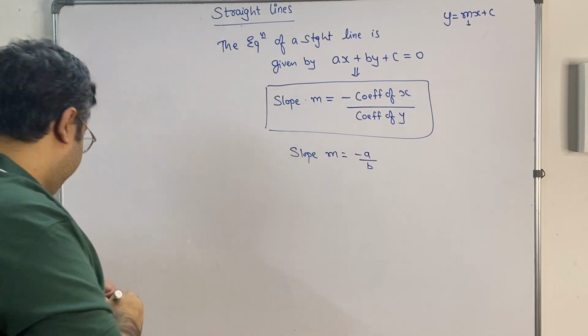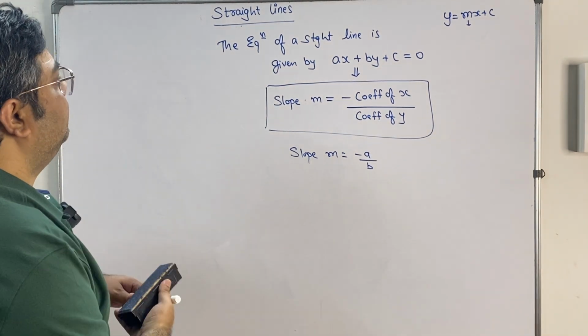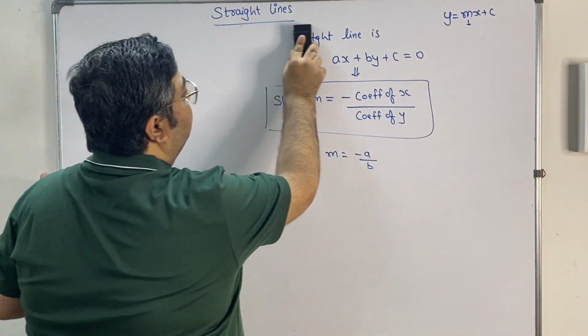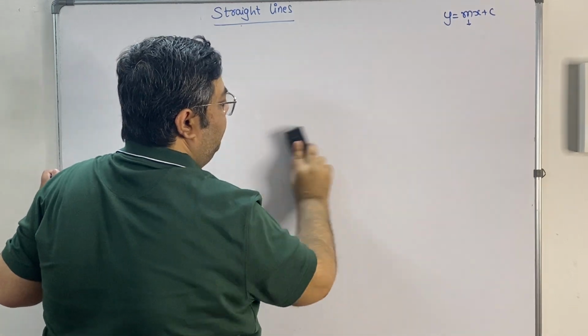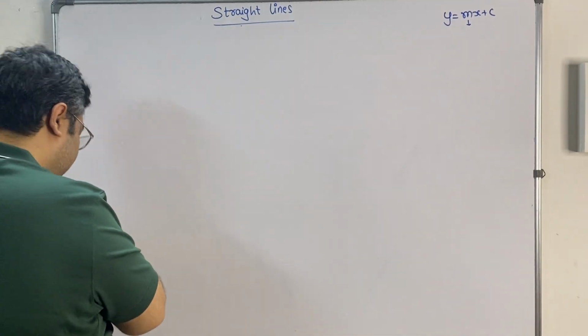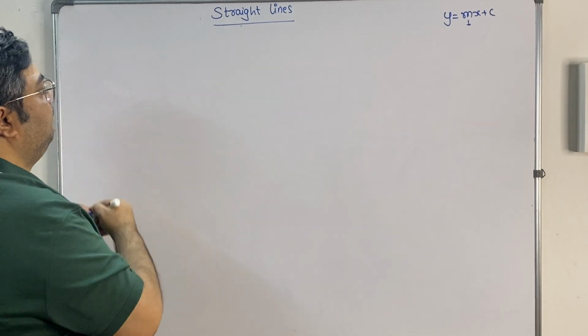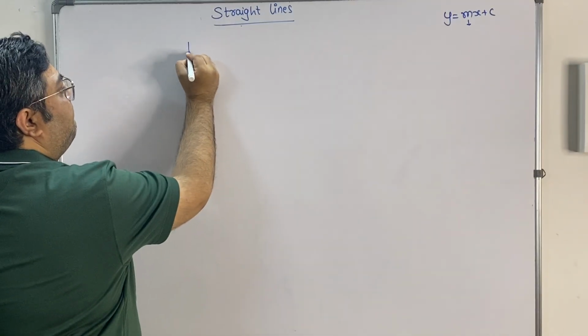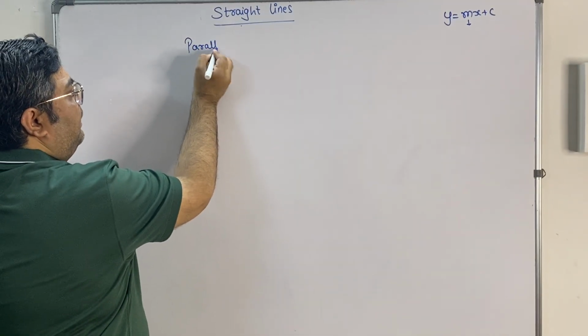Now that slope क्या है वो पता चल गया, तो we'll obtain certain relationships between parallel and perpendicular lines, slopes के बीच में, for parallel lines.